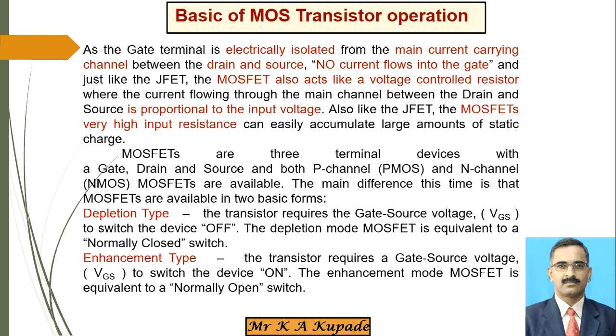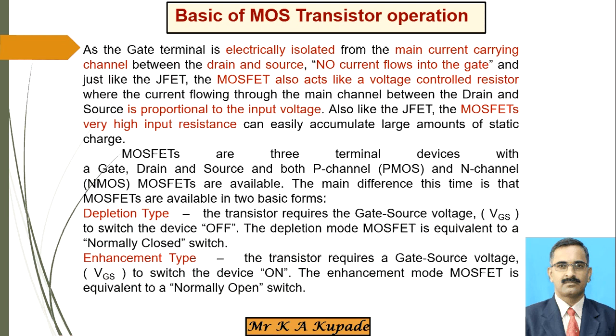But in the enhancement type, you apply the required gate source voltage and it switches the device on, and that's why the enhancement mode MOSFET is equivalent to a normally open switch.